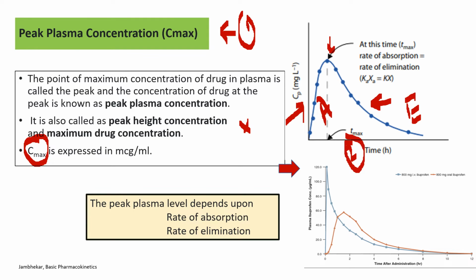That's very important. So if the rate of elimination of this ibuprofen is less, then the curve would have been different. It will not directly fall to the zero level. It will go down slowly, and it will take more time for that.